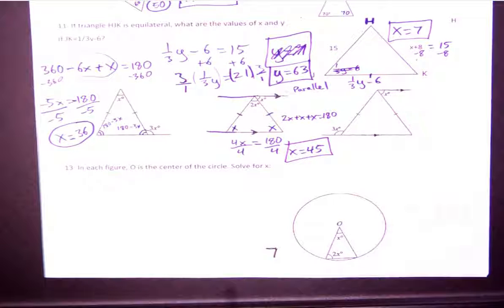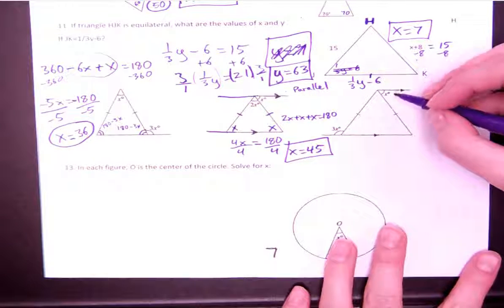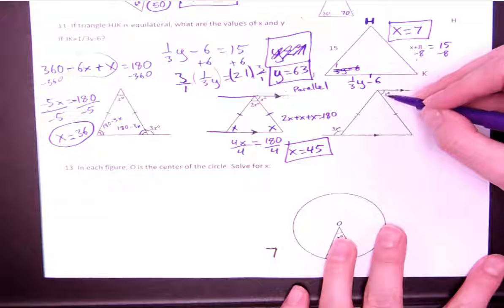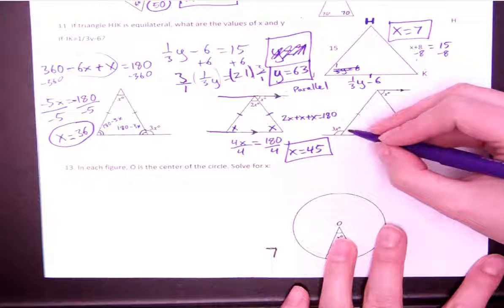All right, on the next one, do I still have parallel lines? Yeah. And so if this is x, what would this angle be?